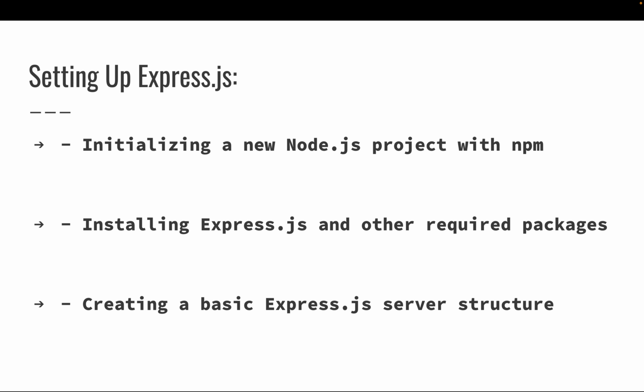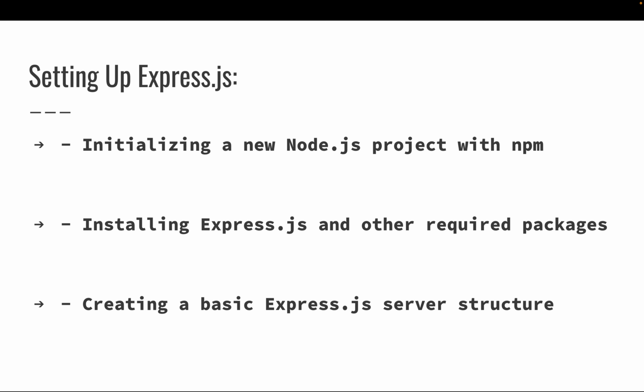Now, setting the project up using Express and JavaScript, there are just a couple of steps. First, you need to initialize a Node.js project using npm init. You'll see that once we move into the practical section shortly. After initializing your Node.js project, you're going to install some of the packages you'll be working with.